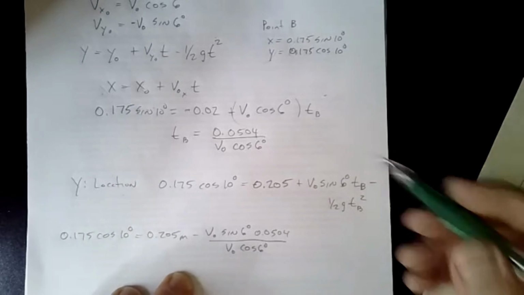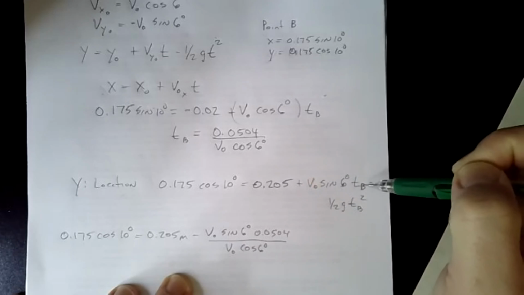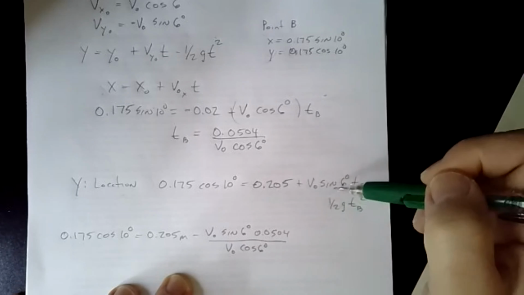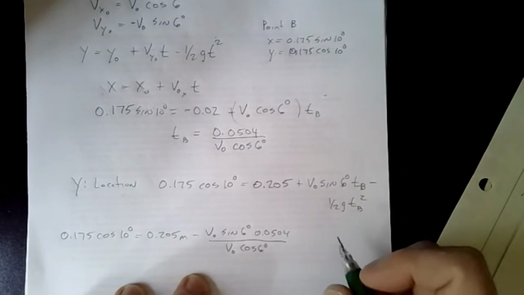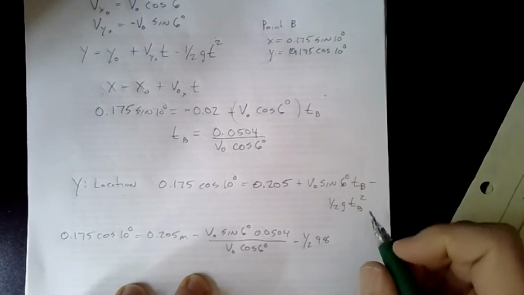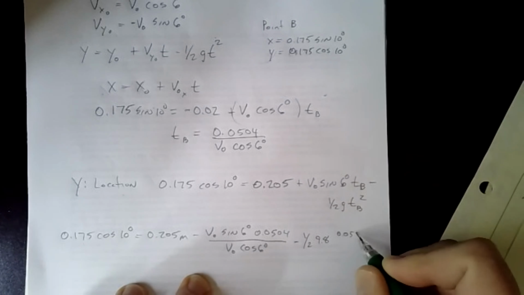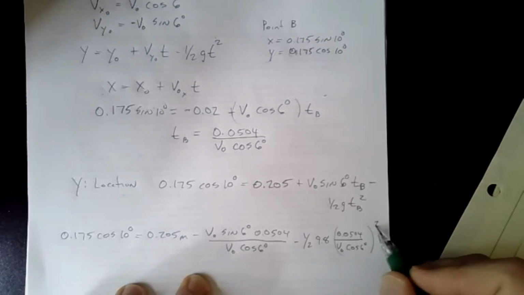All I'm doing here is substituting this TB into this and rewriting it. And then minus 1/2 times 9.8 times 0.0504 divided by V naught cosine 6 degrees, all squared.